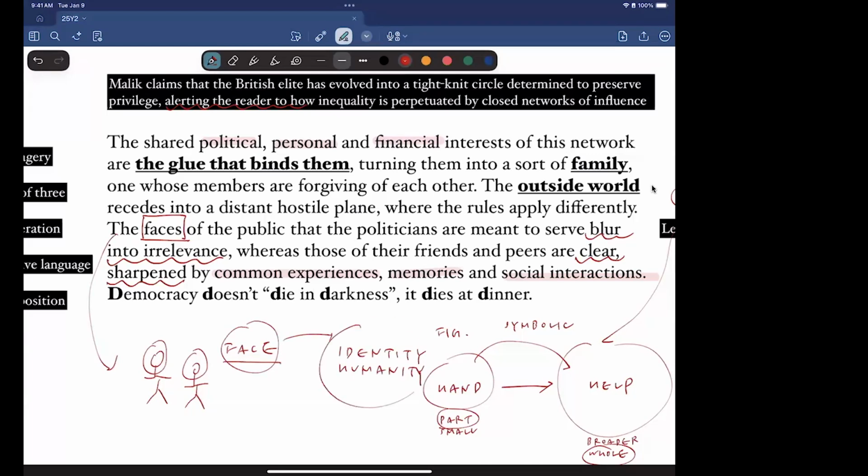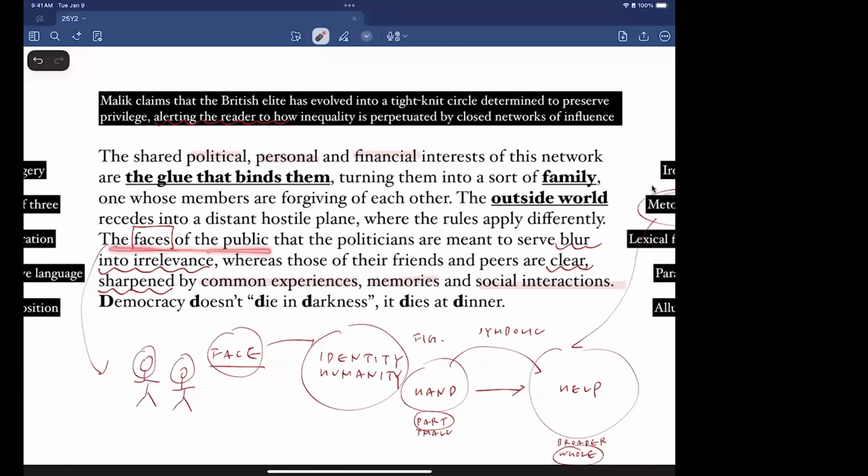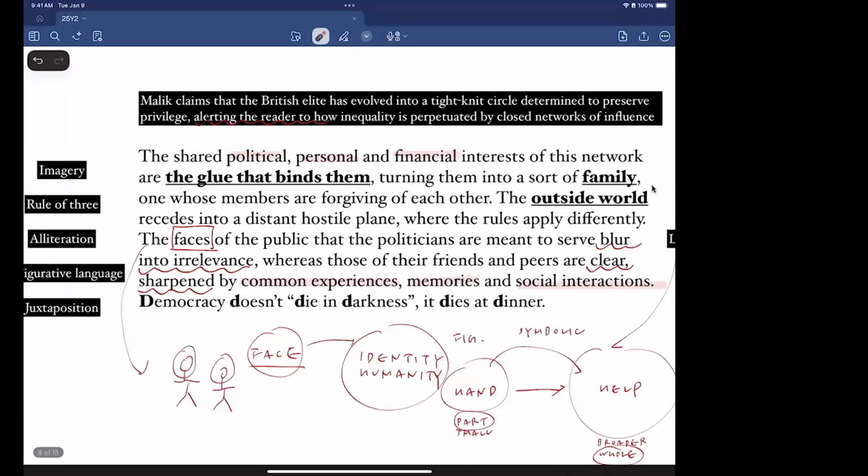Isn't this the broader idea that Nezra Malik actually wants to talk about? Because your face is the most individualizing feature on your body, and face connotes your identity, who you are as a person. So when Nezra Malik says the faces of the public blur into irrelevance, what Nezra Malik really wants to say is the identity and the very humanity, the individuality of the public is forgotten, blurs into irrelevance.